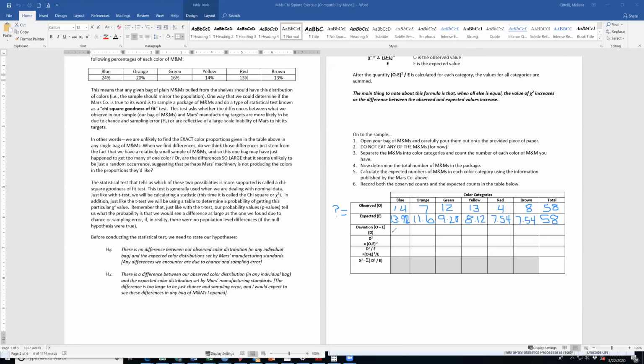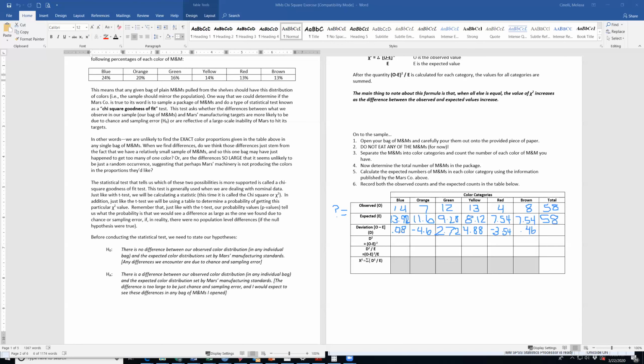So 14 minus 13.92 is 0.08. 7 minus 11.6 is negative 4.6. 12 minus 9.28 is 2.72. 13 minus 8.12 is 4.88. 4 minus 7.54 is negative 3.54. And 8 minus 7.54 is 0.46.